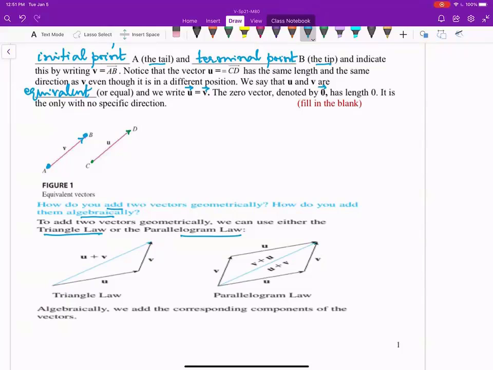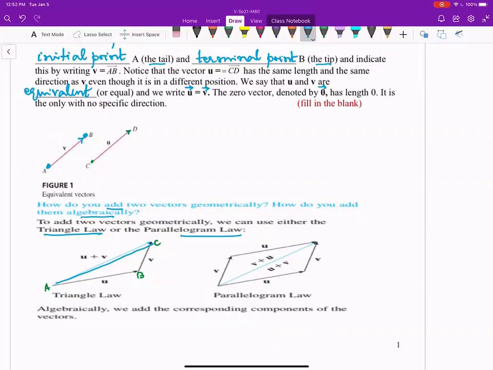If you have a vector U which is starting at A and ending at B, and there is another vector V which starts at the terminal point of U and ends at C, then the sum of the vectors U plus V has an initial point which is the initial point of the first vector, and joins to the terminal point of the second vector. The one shaded in blue is U plus V. So it is by the triangular law.